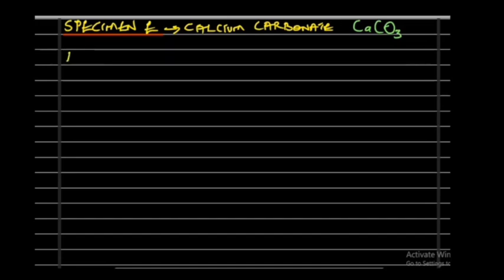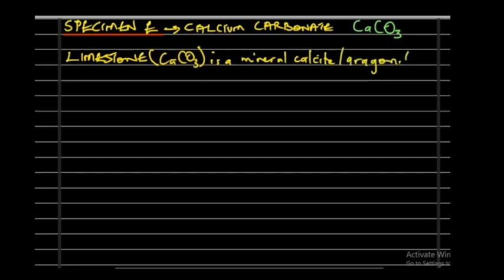Now, let me start this way. Limestone, which is CaCO3, is a mineral calcite or aragonite, a carbonate sedimentary rock.